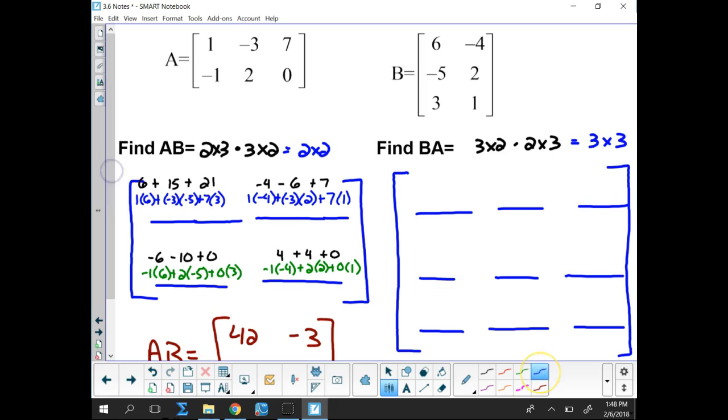So, row 1 is going to be 6 times 1 plus negative 4 times negative 1.